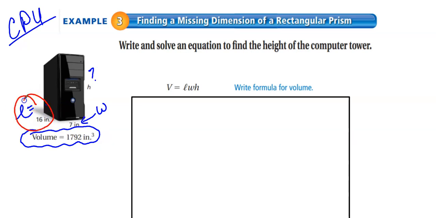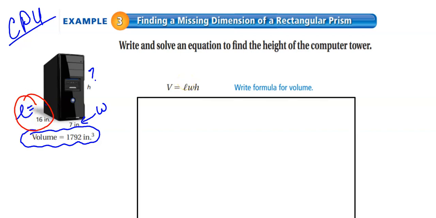The length is substituted in for the length here, right? That's my red. And the width, let's make the width purple. So the measurement of the width is in purple. And then they gave me the total volume. I'm going to do the total volume in blue, like I already did.